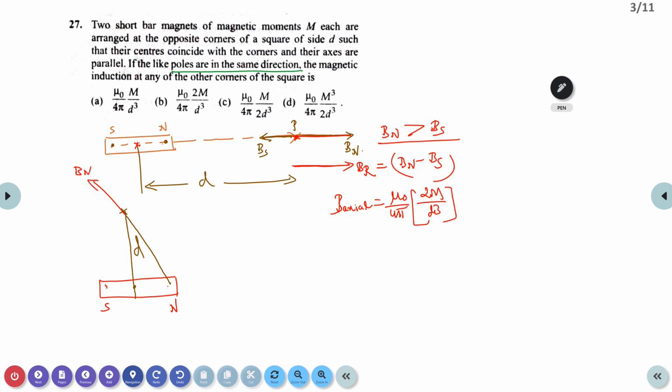For the South Pole, I will join it like this, and the direction is like this. It is Bs. Now this is the resultant field Br, and it is nothing but the equatorial line. For this, the formula is mu naught upon 4 pi into M divided by D cube. Try to understand what is the axial line and what is the equatorial line.